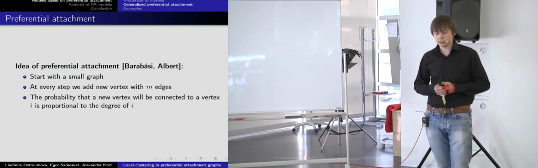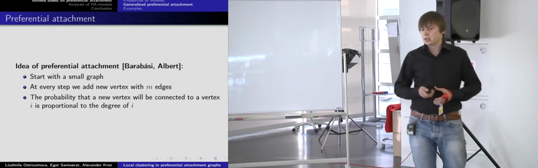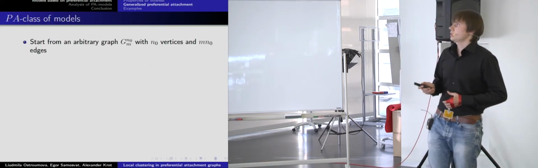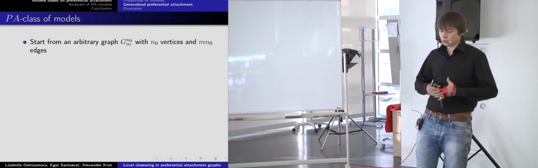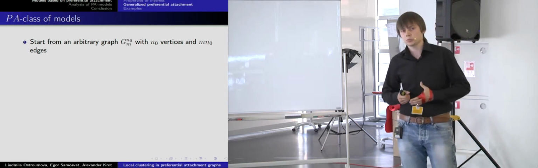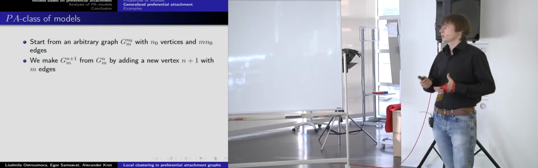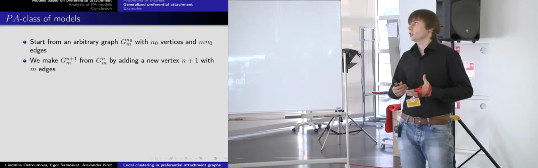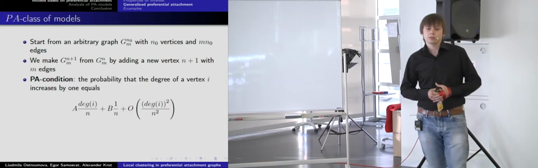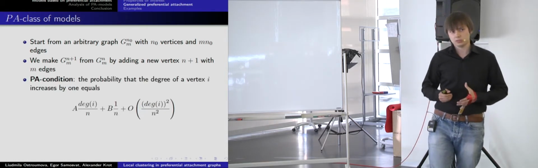We formalize these ideas and we get the PA class of models. We also start with a small graph, and we also add at each step a new vertex and m edges, and we want the PA condition to be satisfied.